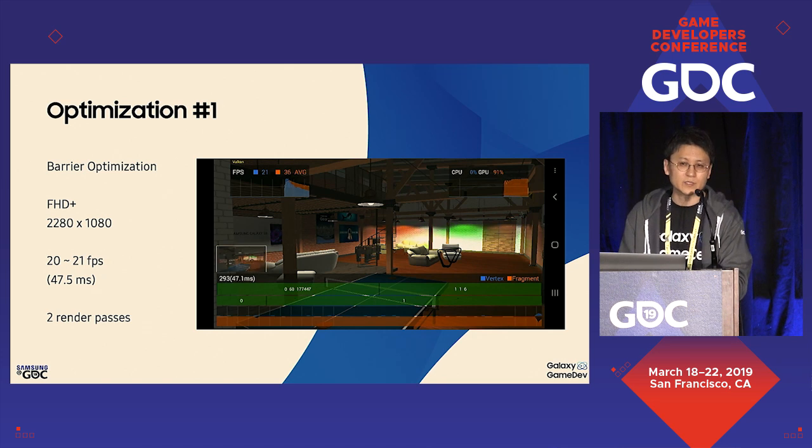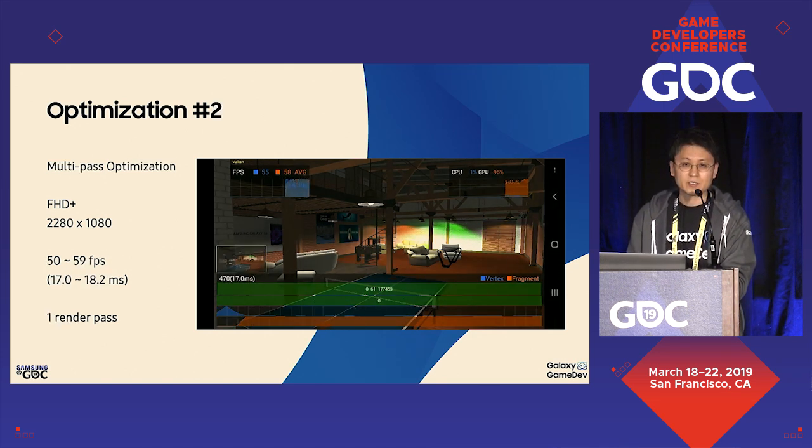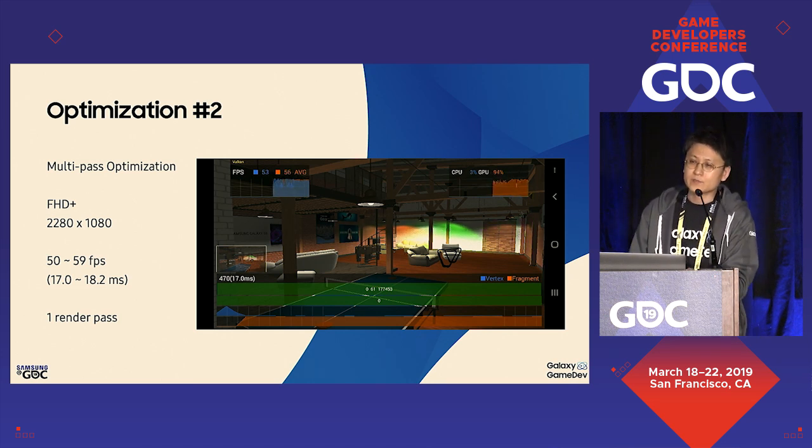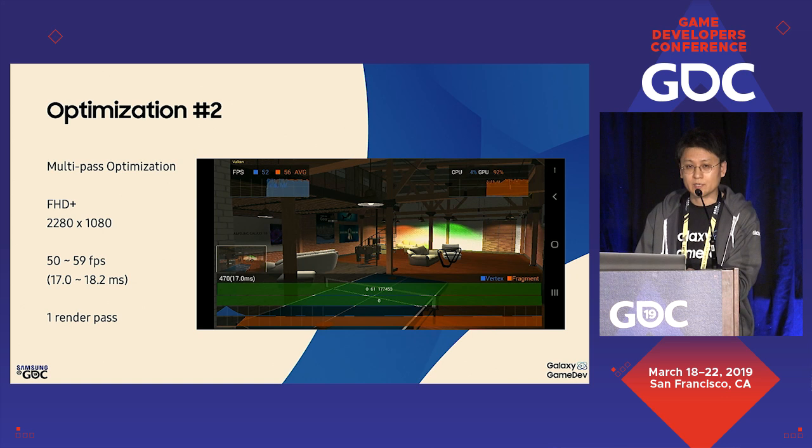But the performance is not good yet, so we made one more optimization, the multipass optimization. After this, we got a dramatically enhanced result, about 50 to 60 frames per second, and the render pass count was reduced one more time. Like this, GPUWatch can be used throughout your development process, anytime.